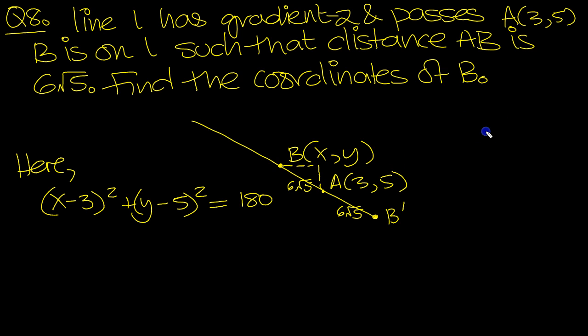Just 36 times 5 is the same as 18 times 10, isn't it? Which is 180. Okay, just to check that. So there's the coordinate, and it can be on this circle then.